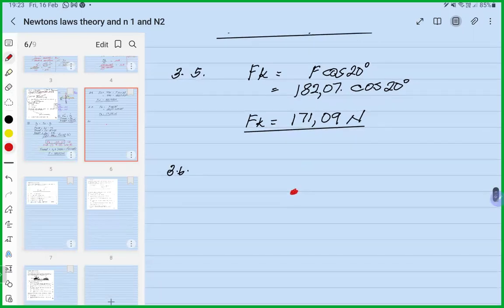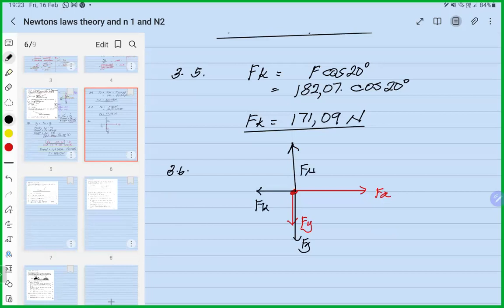Your Fy went down, your Fx went here, still the same Fx. Your gravitational force is still down. Your normal force is here. And there's your kinetic frictional force.